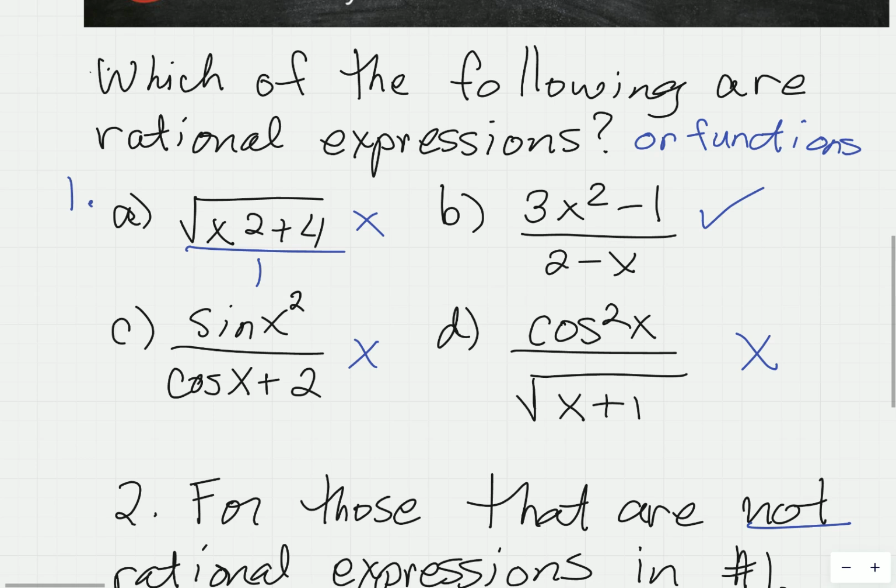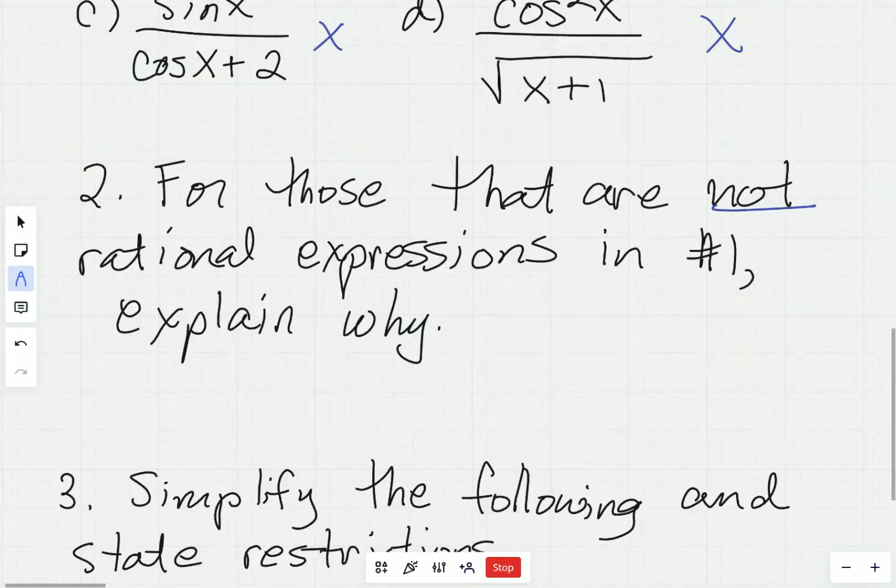So functions like the square root or trigonometric functions, exponential functions, and you'll see different types of functions later, I think in your advanced functions course, those are not polynomials. So as a result, A, C, and D are not rational expressions.